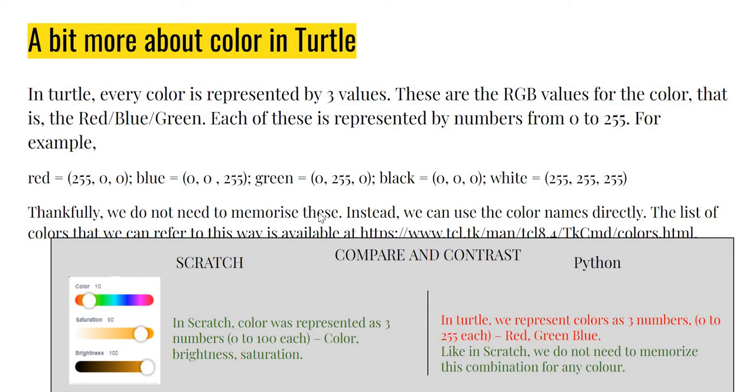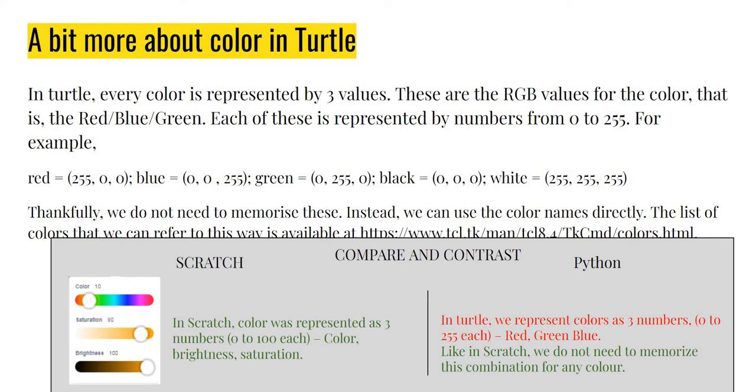At this point, I would also want to do a bit of compare and contrast. Like I said, in Python, in Turtle, we represent colors with three numbers, 0 to 255 each, representing red, green, and blue. In Scratch, we also had three numbers which went from 0 to 100. However, these were not RGB values. These were in fact color, brightness, saturation. These two, color, brightness, saturation, and RGB, are two common systems.